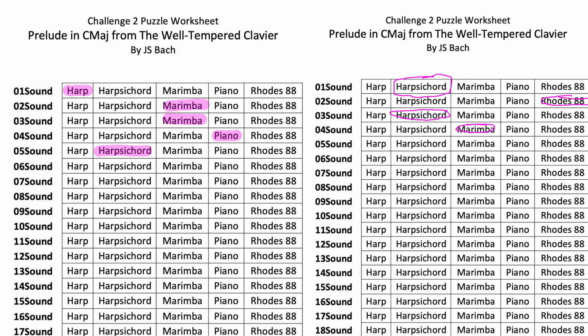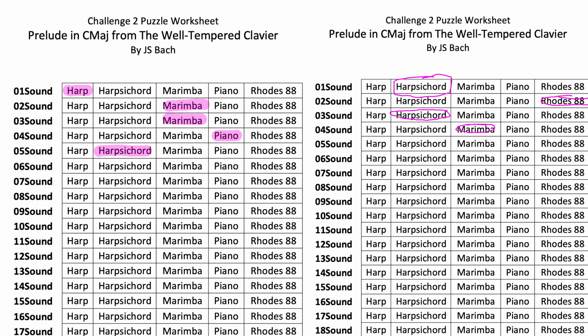Here you can see 2 different versions of the template side by side. I've highlighted on the left, and on the right I've circled, which is another way of highlighting. What I've done is select the instrument that I want to use first, second, third, fourth, fifth, and then all the way through 33 eventually.